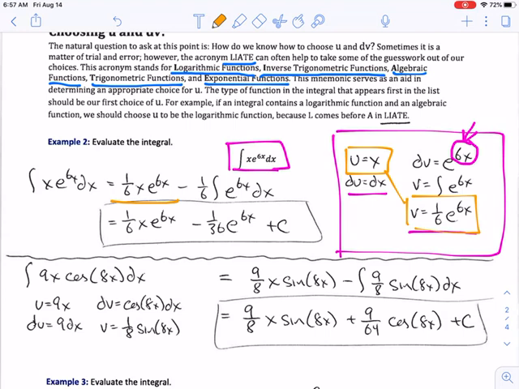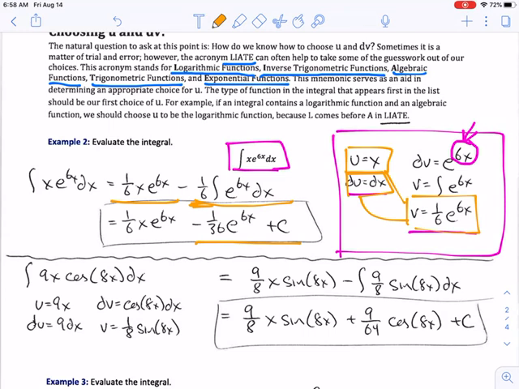Then we have minus, then we have to do v times du. And so v times du is right here. So we have 1/6 e to the 6x dx. And of course, I put the 1/6 out in front of the integral, as we always do.